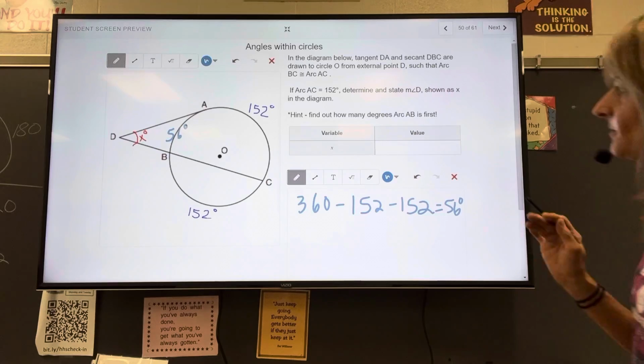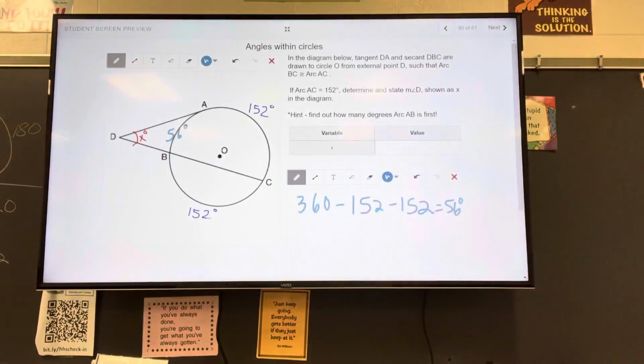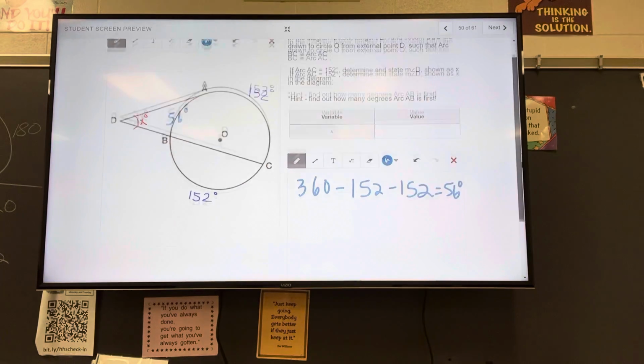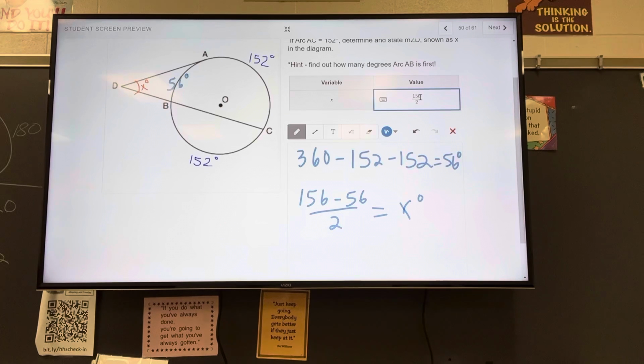Now we have all the information we need for the formula. We can do 152 minus 56, cut it in half. Somebody's doing this. And what do you get? Somebody? 50.